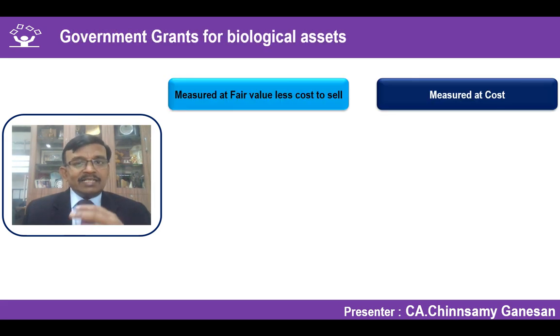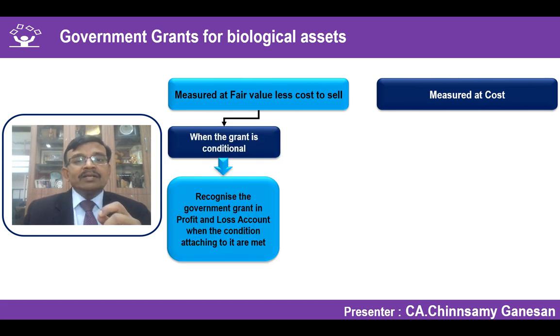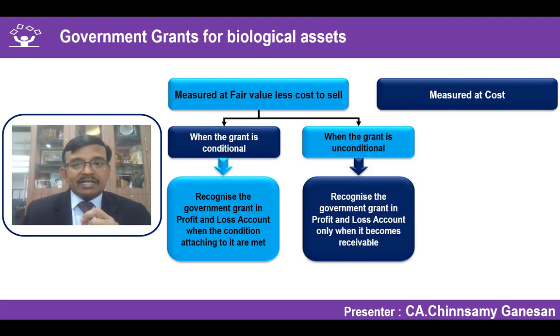Now, government grant for biological asset. The interesting point is, if the biological assets are measured at fair value less cost to sell, there are some conditions. If they are measured at cost, what is the accounting treatment? If fair value less cost to sell is the basis on which my biological assets have been valued, and if the grant is conditional, only if the condition is met will we recognize it in the P&L account.